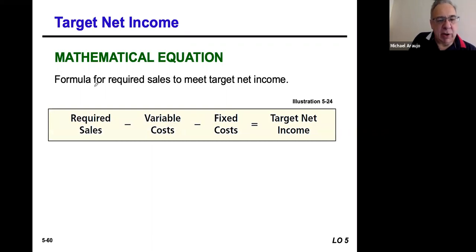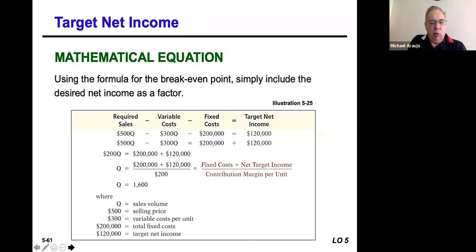So here, in order to understand how to get our targeted net income, we're going to be looking for our required sales. Of course, we subtract out variable costs, subtract out our fixed costs, and that gets us our target net income, which is the same as a profit, right? So companies are always wondering how to do all of that.